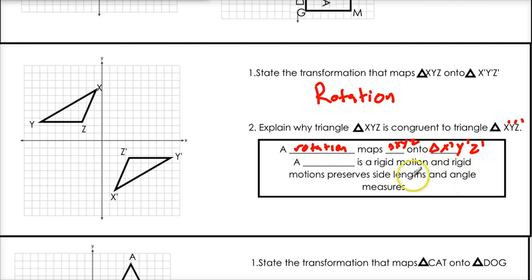The next part of the statement is a rotation is a rigid motion, and rigid motions preserve the side lengths and angle measures. So all I had to do was state, well, I used a rotation to map them onto each other, and since I know a rotation doesn't change the side lengths or angle measures, they must be congruent, because they didn't change the angles or the sides.